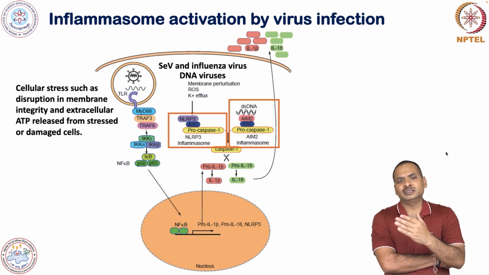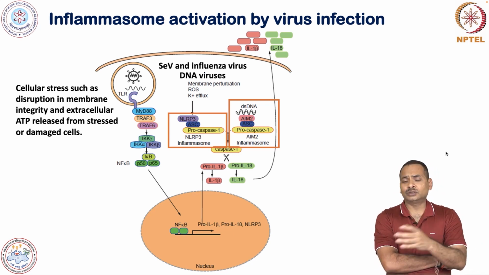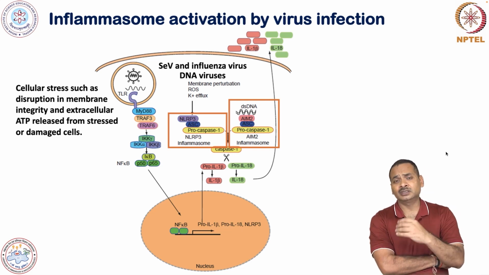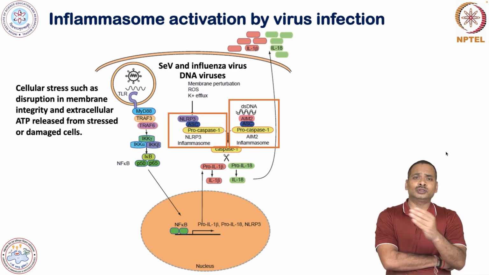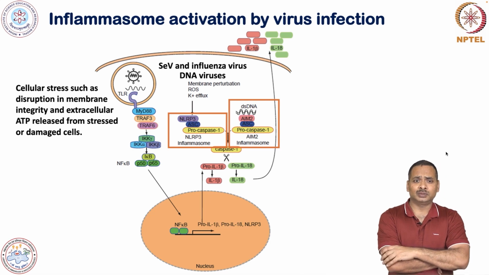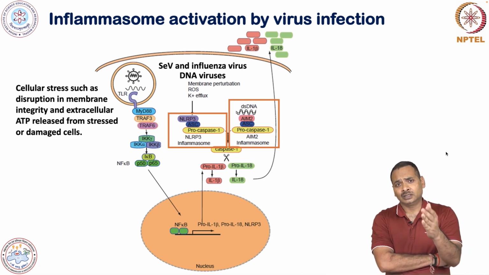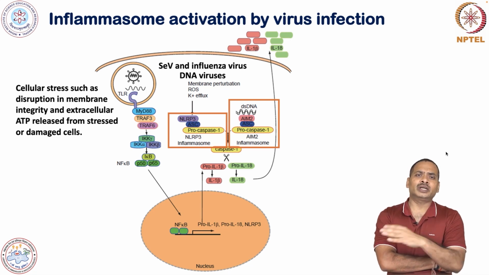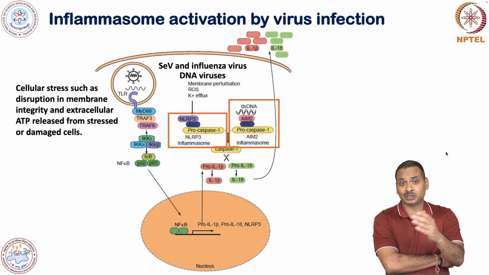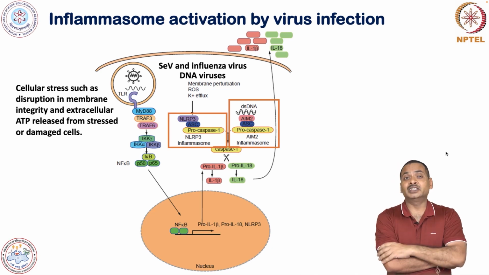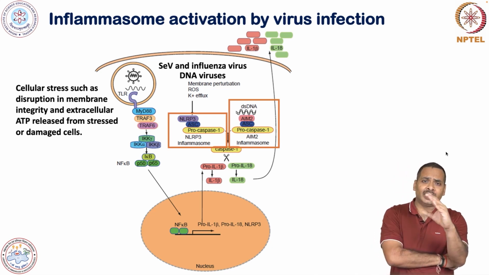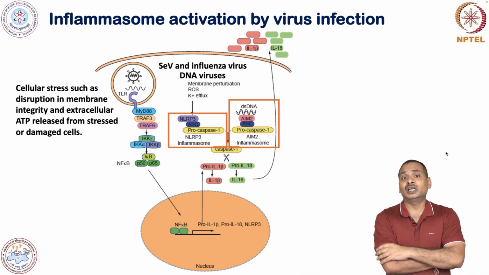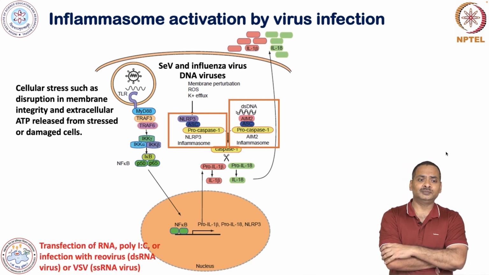Sendai virus and influenza virus can also activate the NLRP3 inflammasome. Besides this, DNA viruses can also activate the NLRP3 inflammasome. DNA viruses not only activate the NLRP3 inflammasome, but also the AIM2 inflammasome, as AIM2 can bind with the DNA molecule. Upon this activation, there will be production of IL-1 family cytokines.